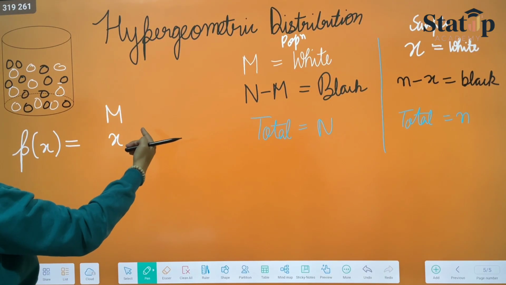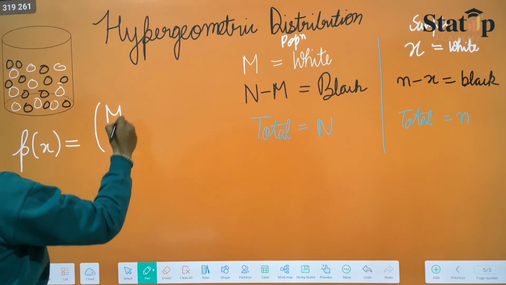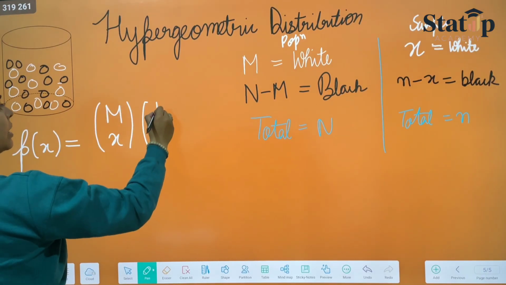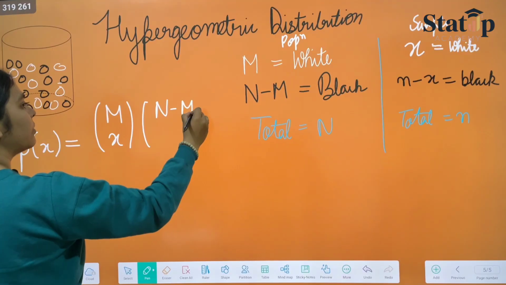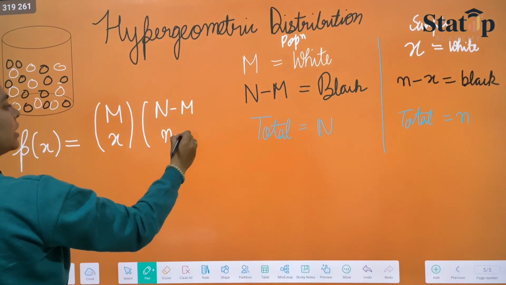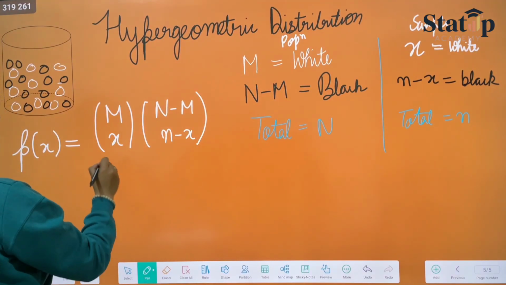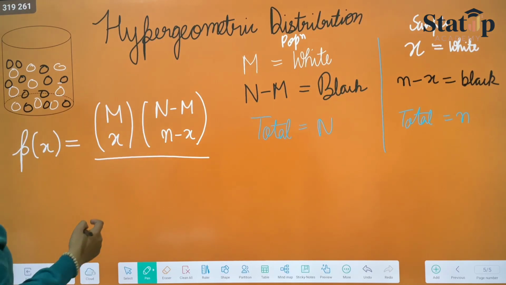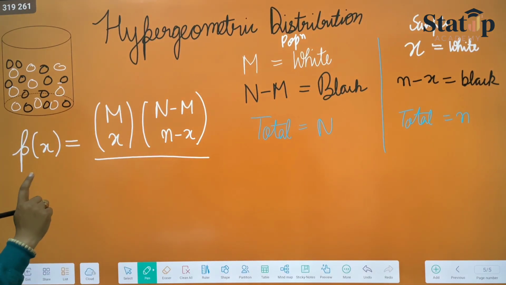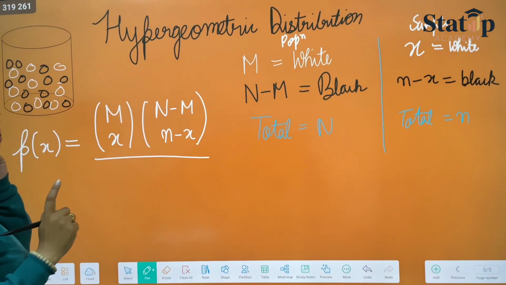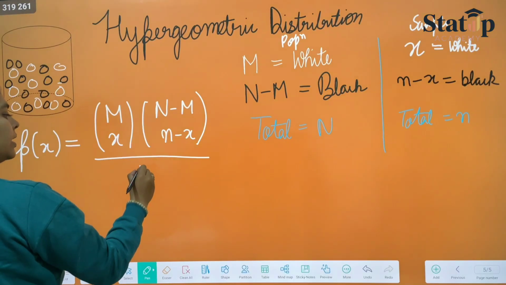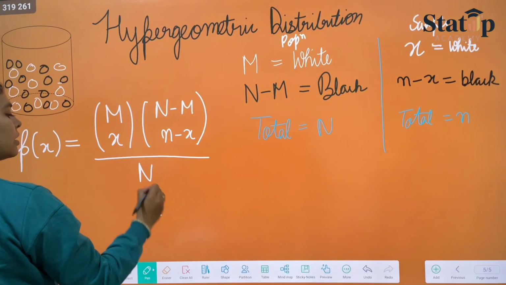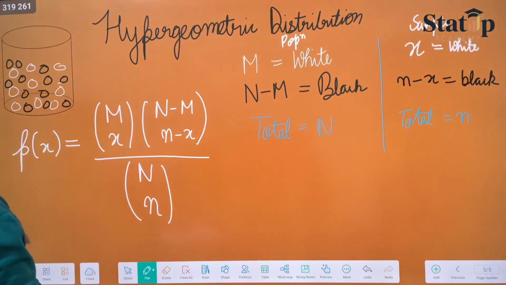The above one will be of population and the below one will be of sample, and the remaining ones are N minus m C n minus x, which is the population and the sample number of black balls, and the total will be N C n. This is the total number.